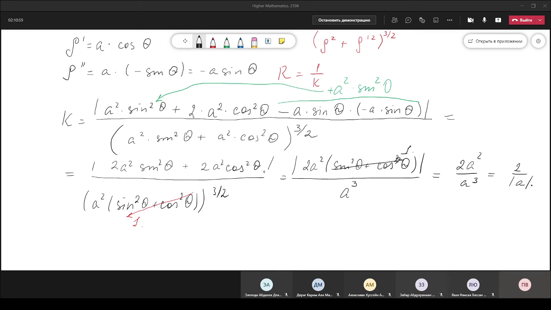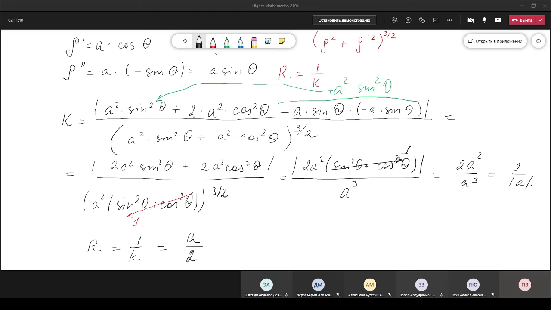And k we find, r is 1 over k is a over 2. A positive because I can write down without modulus.